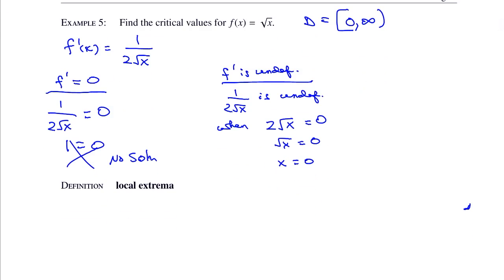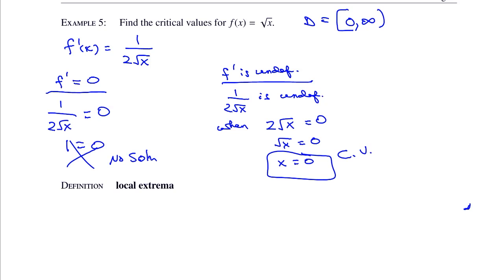Now before we declare that this is a critical value, you have to check the domain of the original function. One of the conditions for being a critical value is it's a value in the domain of the original function that is then undefined in the derivative. Is x equals 0 a value in the domain of the original function? It is, because it's closed at 0, so this is in fact a critical value.